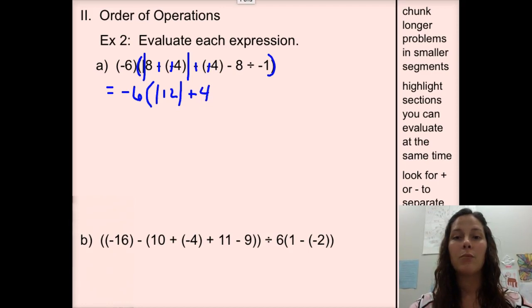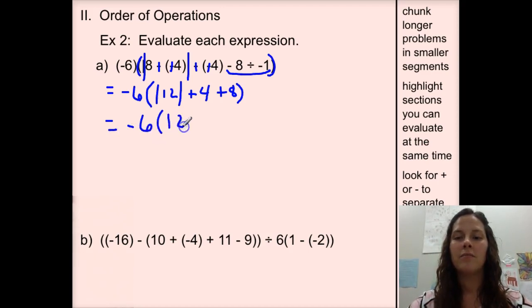And because I've got a subtraction sign, I can create a chunk right here of a mini problem I can go ahead and simplify. Negative 8 divided by negative 1 is positive 8. Next, still working inside that larger set of parentheses, absolute value of 12 is 12. So then I've got 12 plus 4 plus 8. So when I combine all three of those numbers, I get 24.